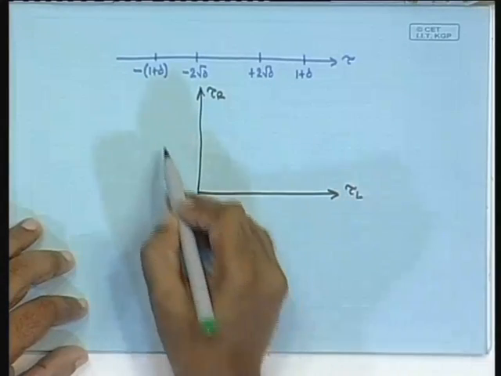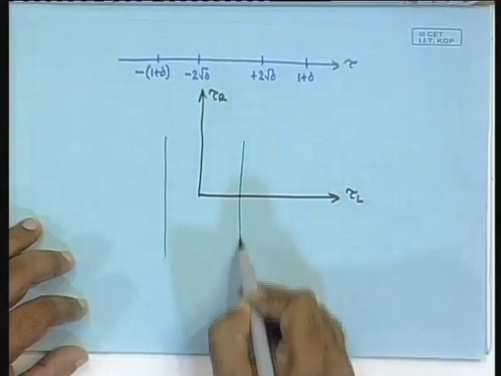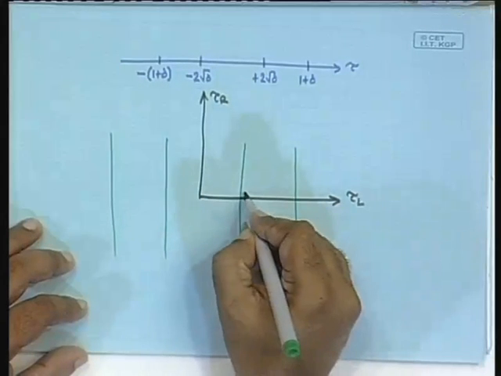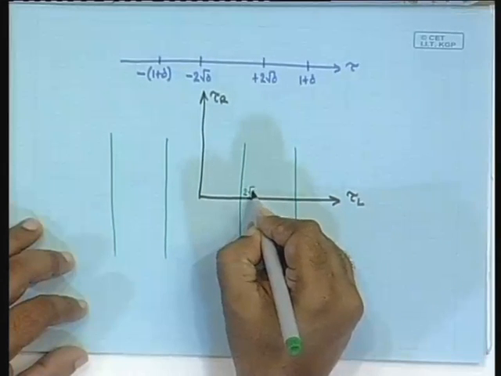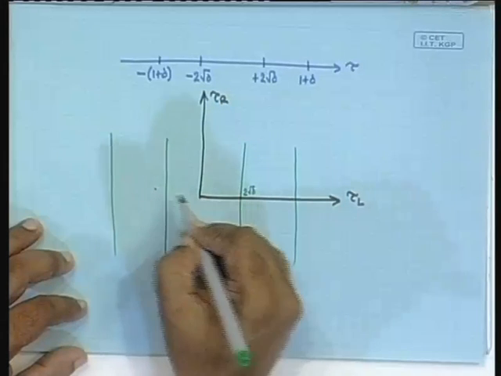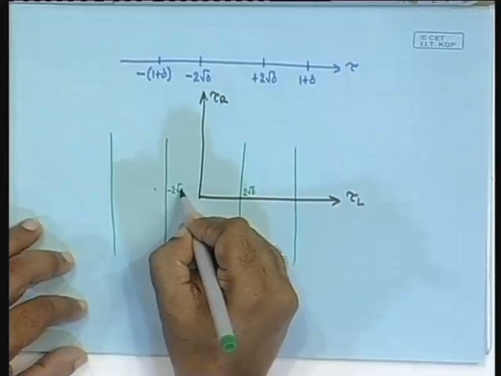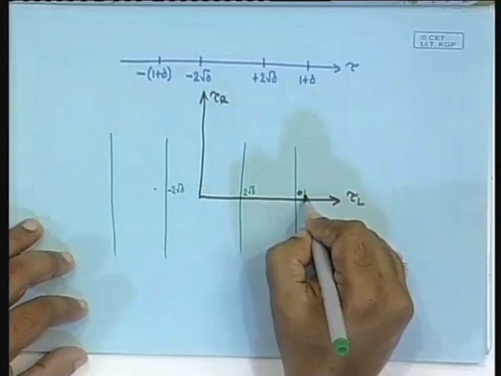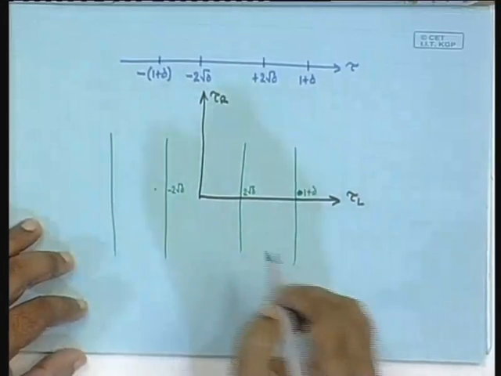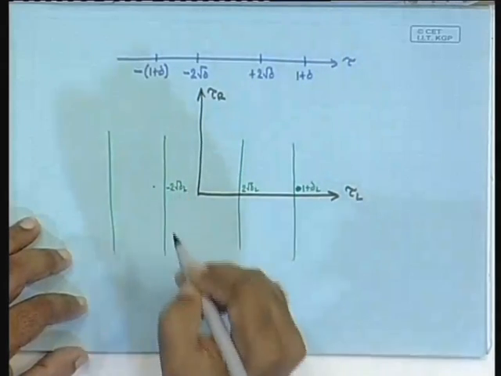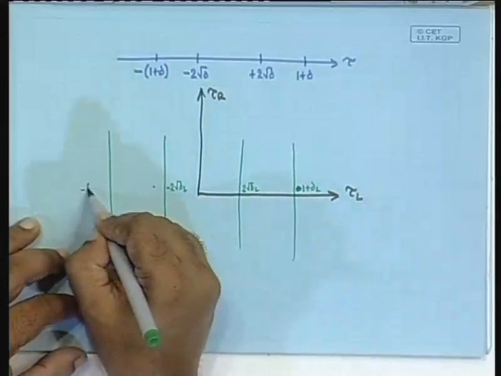So, I will now subdivide, and this is my 2 root delta, this is my minus 2 root delta, this is 1 plus delta, this is L, and here it is minus.